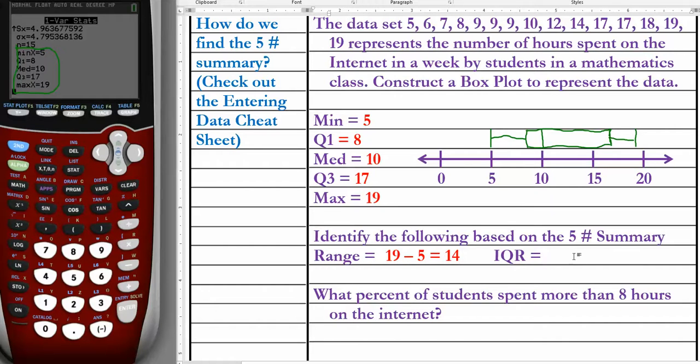Then we have the IQR. The IQR, the interquartile range from earlier in your notes, we talked about was the third quartile minus the first quartile. In this case, it would be 17 minus 8, which is 9.